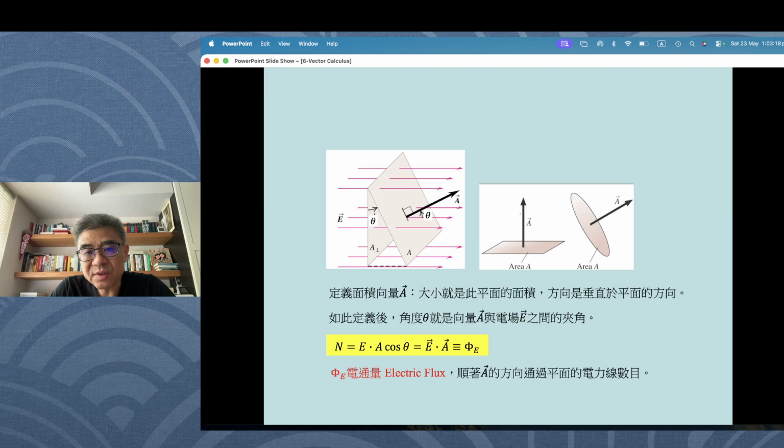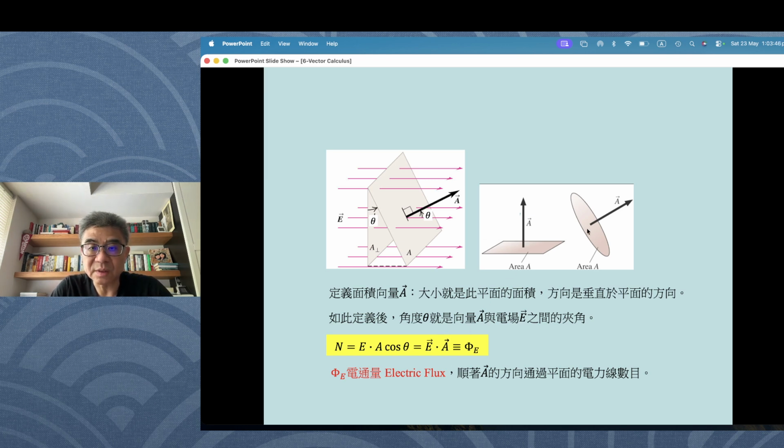However, for physics and also for mathematics, we find it useful to define a vector for this area with the area 面积 as the magnitude of this vector, and we choose the normal direction, the direction normal to the area, as the direction for this A vector.